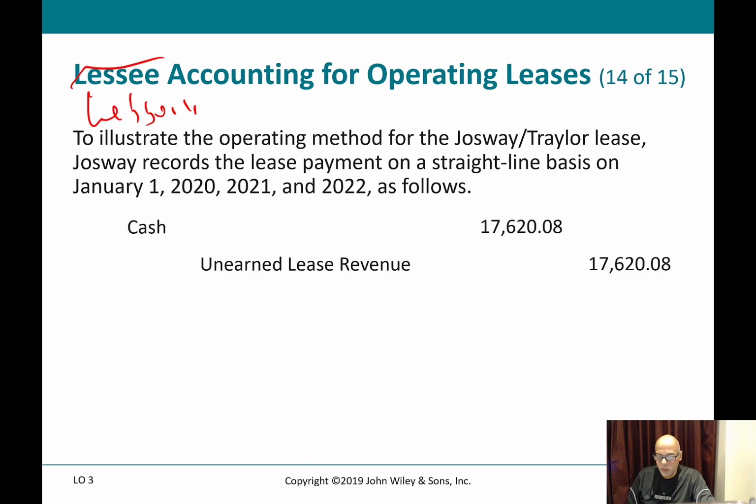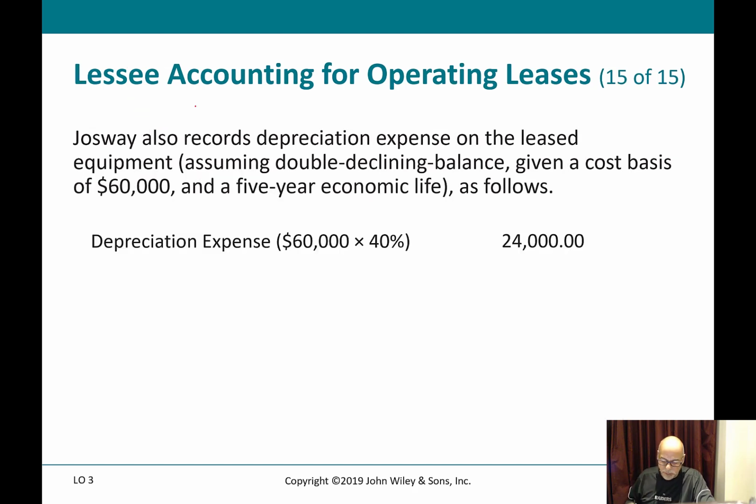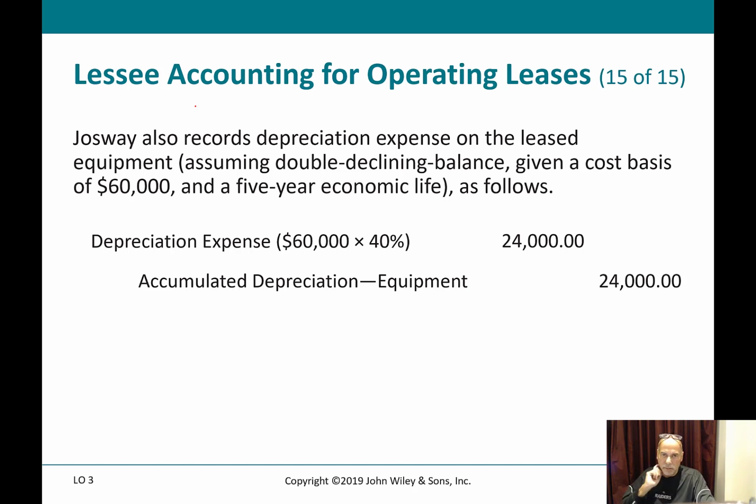And basically the lessor is going to receive that cash at the beginning of the period. All of it is unearned lease revenue. And then at the end of the year, they'll be able to take the earned, and they're going to do that consistently throughout the year. Now, of course, because they own the asset still, and that's an important point, they will depreciate the asset, and for some reason the book found it necessary to bring in double declining balance at this point in time.